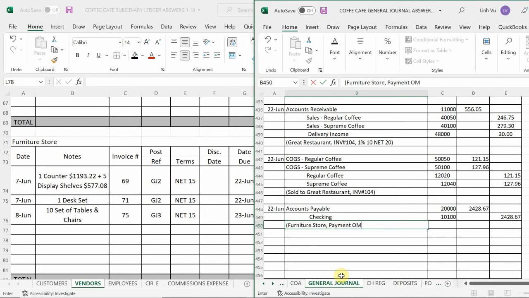Invoice number 69 and 71. What else? The check 1522. We gotta include the check number, 1522. Right? Good.